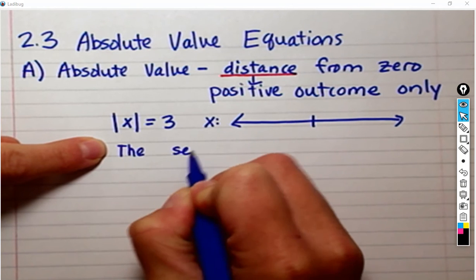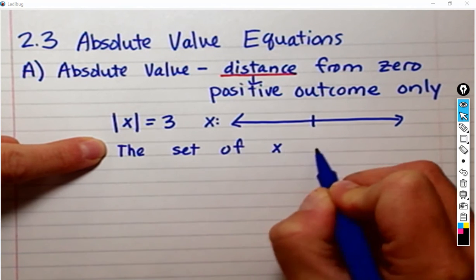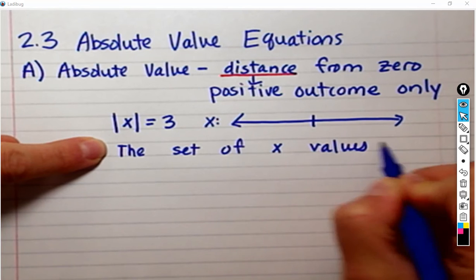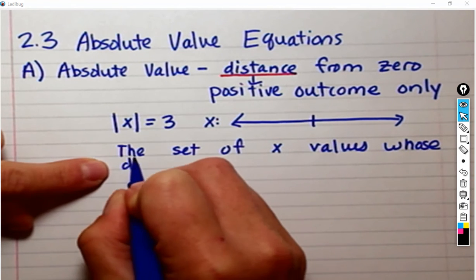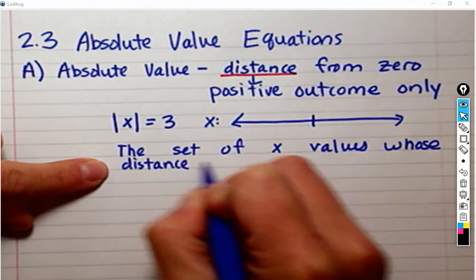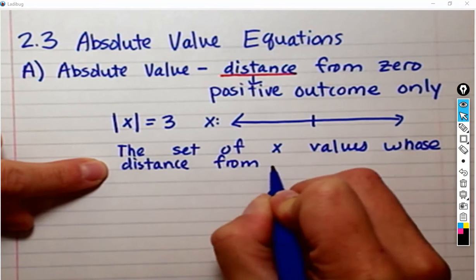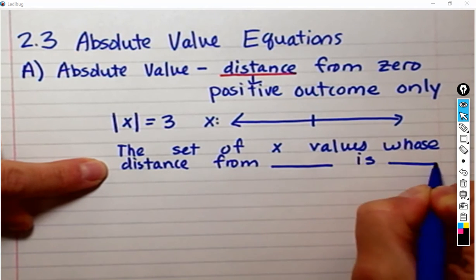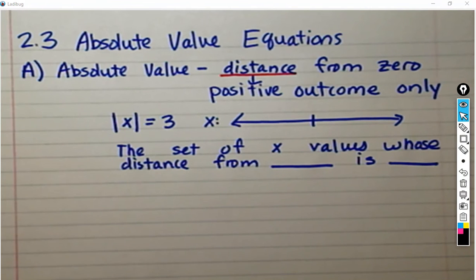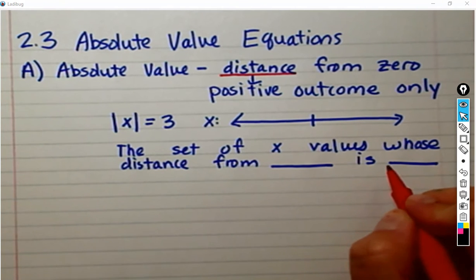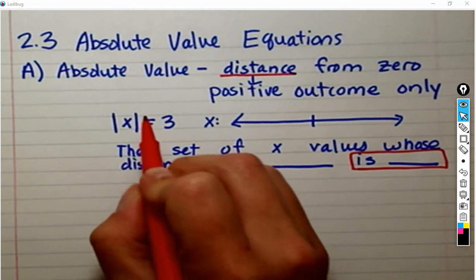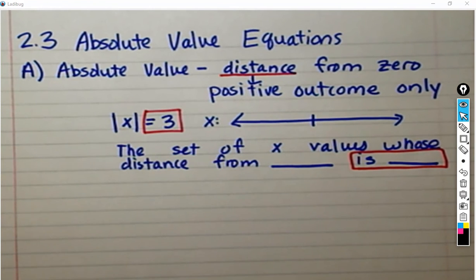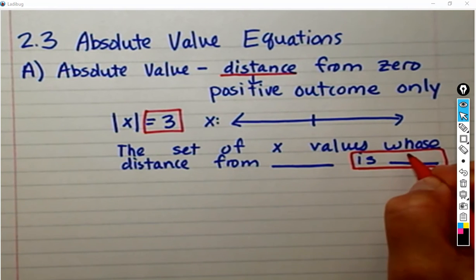The set of x values whose distance from 0 is 3.